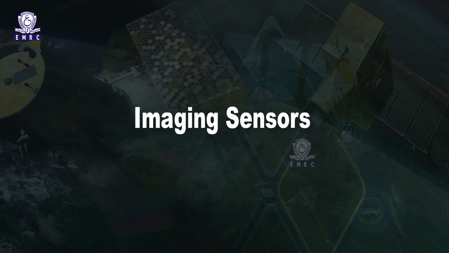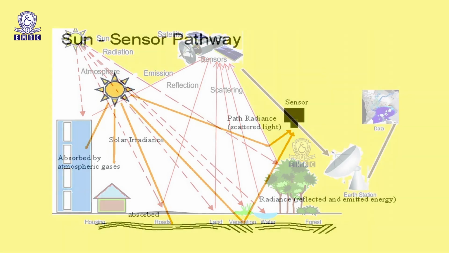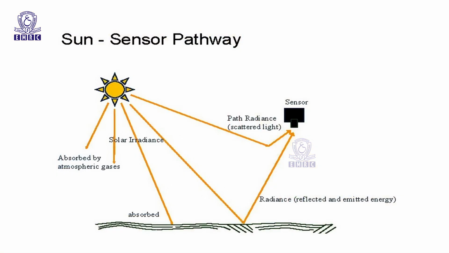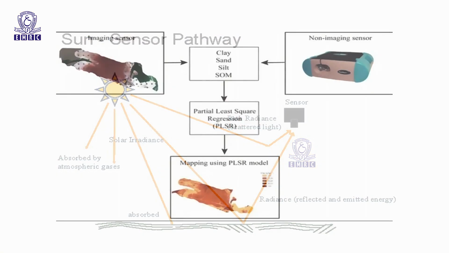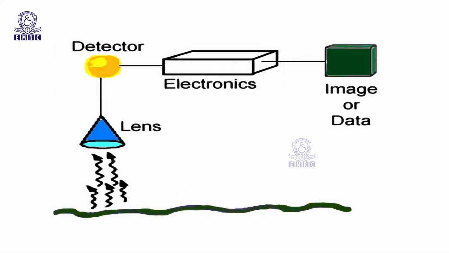Imaging sensors. Remote sensing data are the recorded representation of radiation reflected or emitted from an area or an object. When measuring the reflected or emitted energy, either imaging or non-imaging sensors can be used. Data from the imaging sensor can be processed to produce an image of an area, within which small parts of the sensor's whole view can be resolved visually.